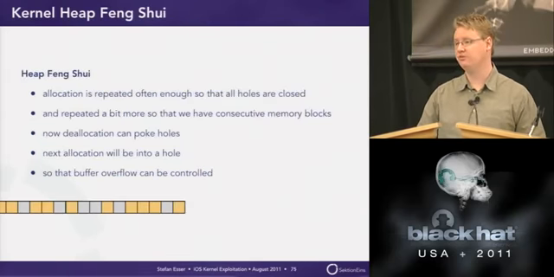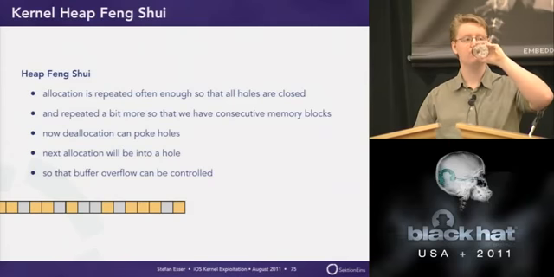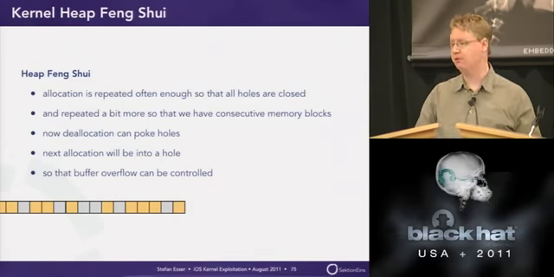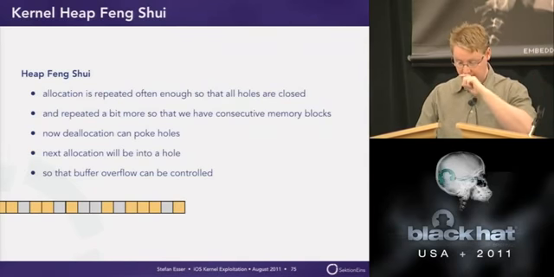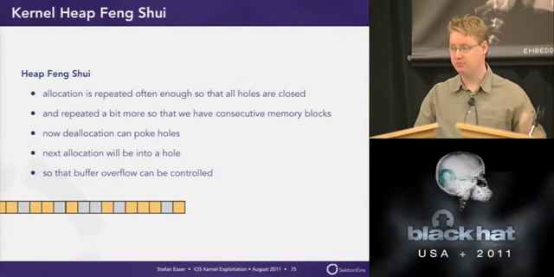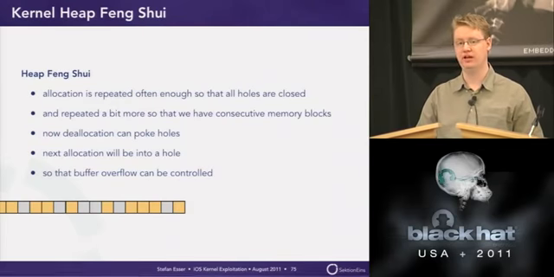And now you do something called heap feng shui. I guess most people know that. It's a term created by Alexander Sotirov, and it basically describes how to get a heap into a controlled state from an unknown previous state.